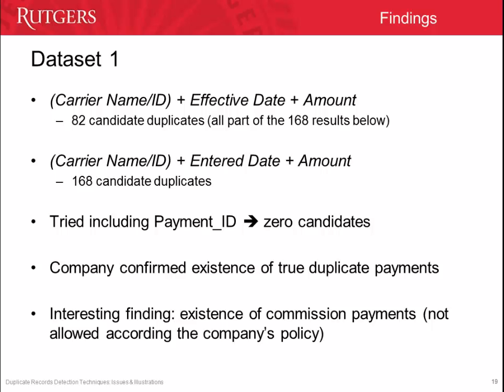Usually the results are supposed to be 0 candidates, and that was the case here. As expected, most of these results turned out to be false positives, which means they were flagged as candidates, however they turned out to be legit and not duplicates. But the company auditors confirmed that some of these records were indeed duplicates.